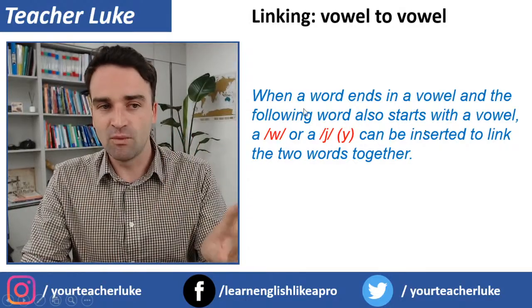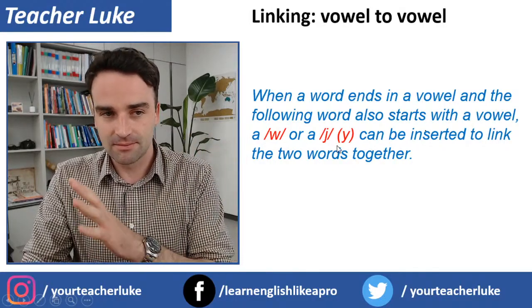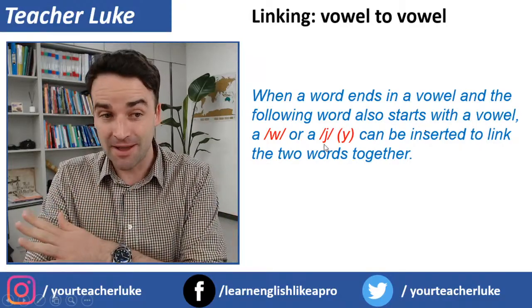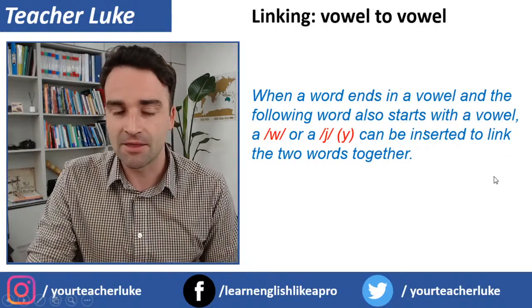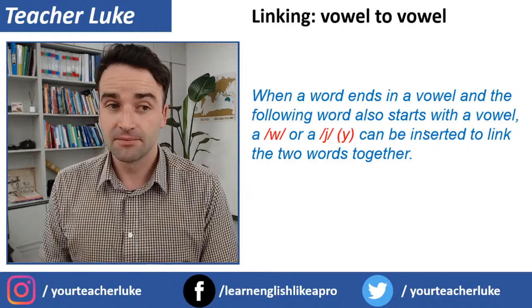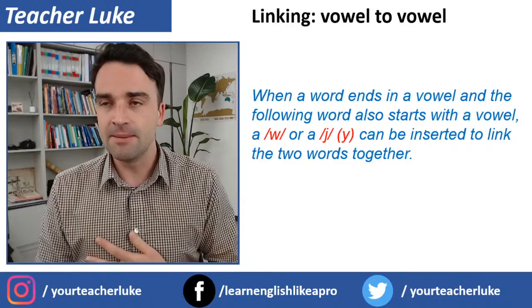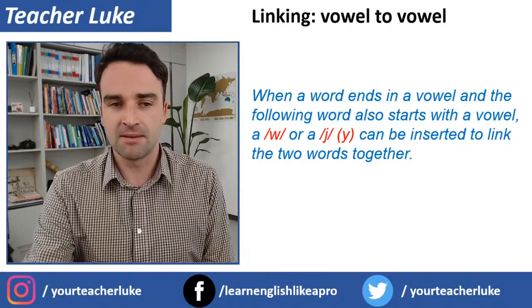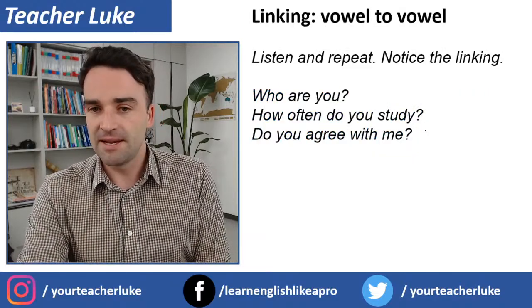This is sometimes called intrusive w or intrusive y. In British English, we also have an intrusive R sound, but I won't talk about that today because it gets a little bit complicated. So listen and repeat after me.